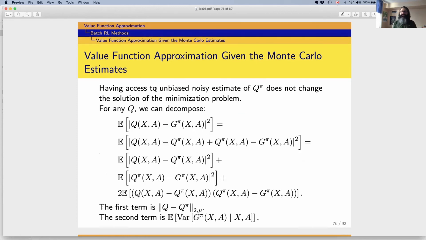The first claim is that having access to an unbiased noisy estimate of Q^pi does not change the solution of the minimization problem.